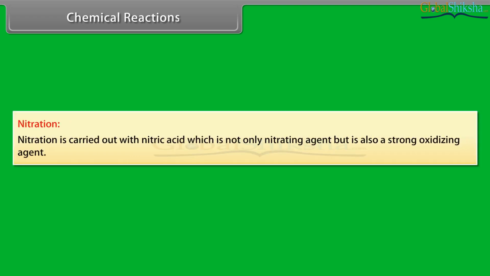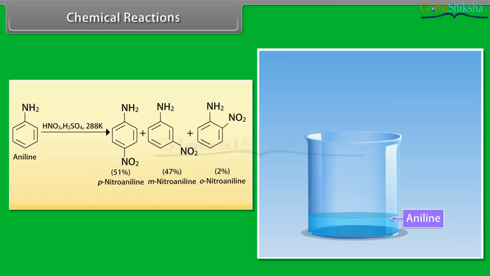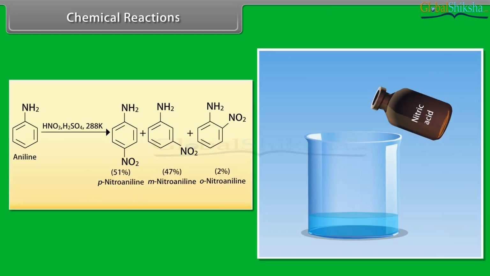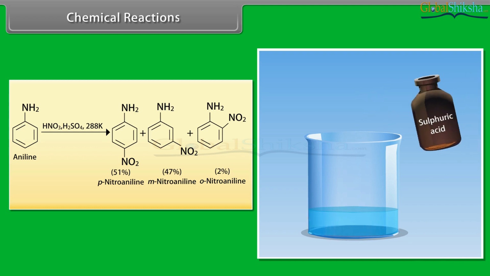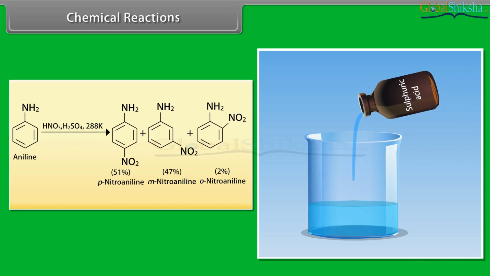Nitration. Nitration is carried out with nitric acid, which is not only a nitrating agent but also a strong oxidizing agent. Therefore, direct treatment of aniline with nitric acid leads to oxidation of the highly activated benzene ring, resulting in the formation of complex tarry oxidation products.